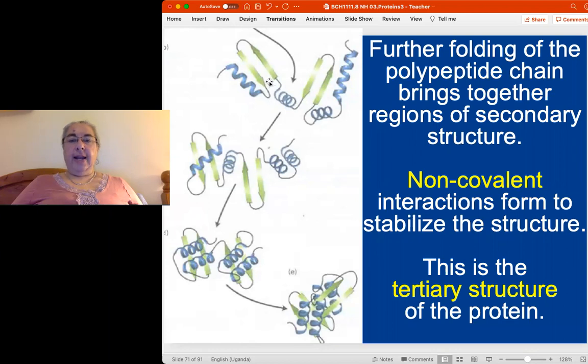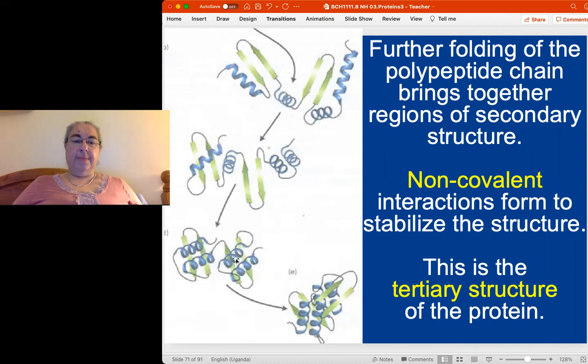So again, as this protein folds together, parts of this folded secondary structure come together to start forming the tertiary structure. So here we see the alpha helix lying on top of the beta sheet and interacting here. And then this happens more, another alpha helix lying over the beta sheet, and again, two alpha helices lying over this beta sheet.